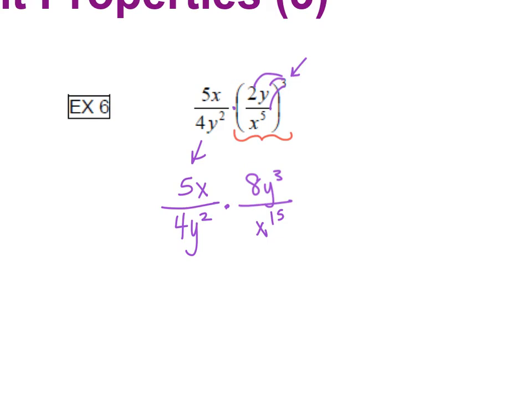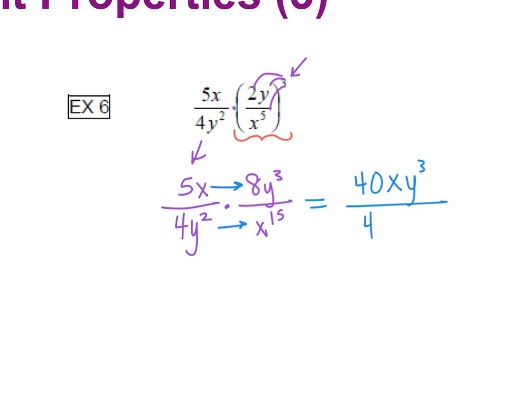Now we're just going to go ahead and multiply straight across. So we get one fraction that we can reduce. 8 times 5, we multiply those coefficients and we get 40. We have this x, but no x's to multiply it with, so that just stays. And then the y cubed doesn't have any y's to multiply with, so that stays. Over, we have a 4, but nothing to multiply it with, so the 4 stays.